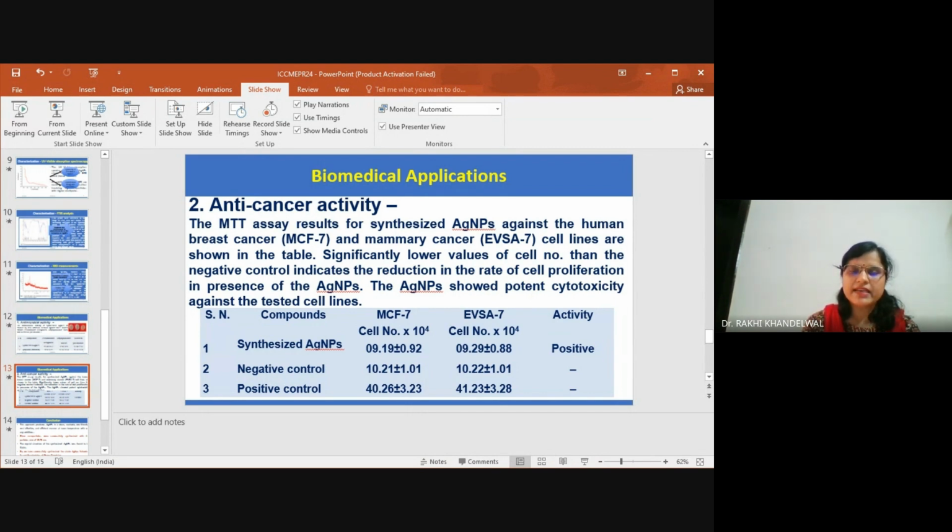In this table, we can clearly see that in the presence of synthesized silver nanoparticles, there is a significant reduction in the cell number of the tested cancer cells. That means the presence of silver nanoparticles reduces the rate of cell proliferation. That means these can inhibit the growth of cancer cells.